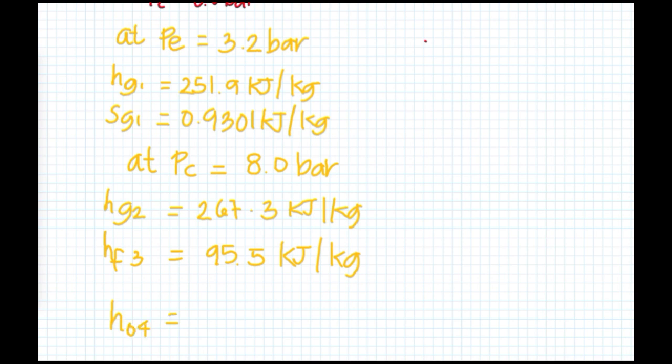So the specific enthalpy after throttling is equal to that before throttling, so it is equal to 95.5 kilojoules per kilogram.